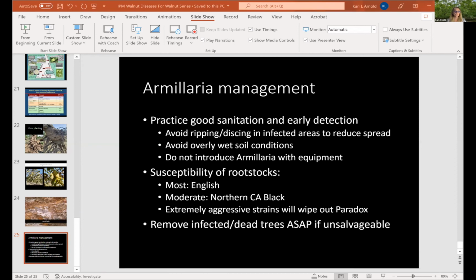So what types of things would go into this? So if we're collecting Paradox rootstock seeds from the ground and we're not using tarps, is that an opportunity for infection? If we're trimming the roots, if we're making a wound, so Agrobacterium tumefaciens really likes to infect wounds.